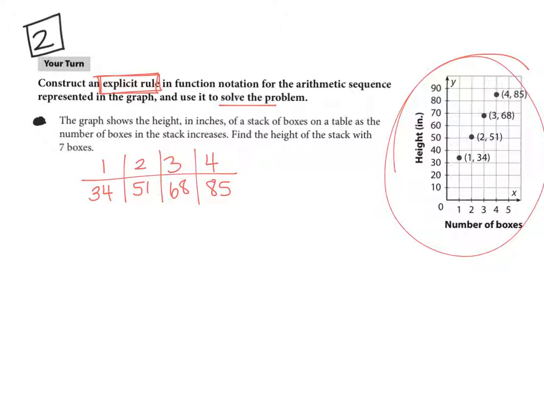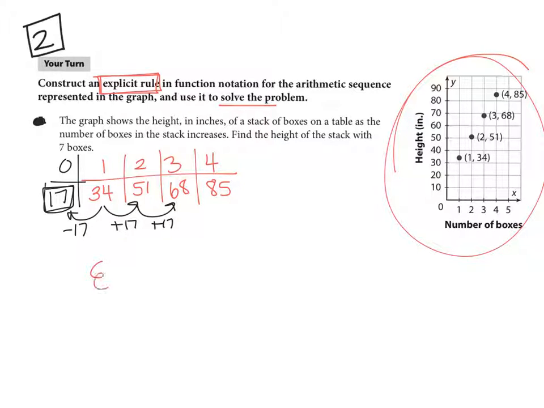So we just need to remember, mathematicians start counting at 0. My pattern moving forward appears to be plus 17. So to move backwards, I've got to do the opposite of that, which is minus 17, which makes my 0 term, this just happens to be the number 17 itself.